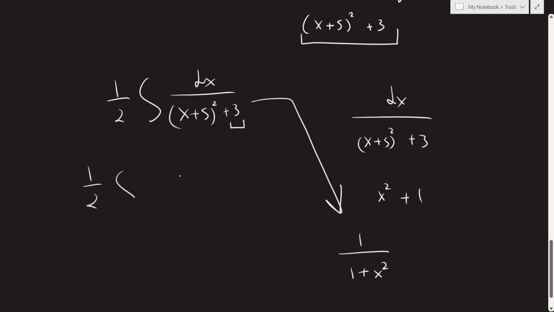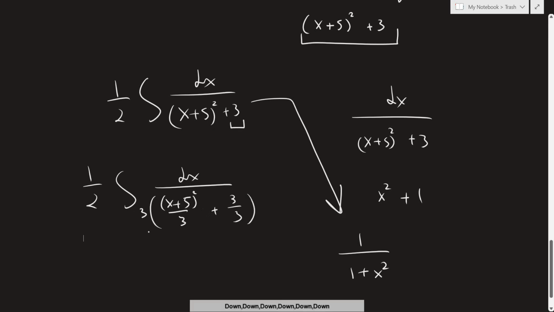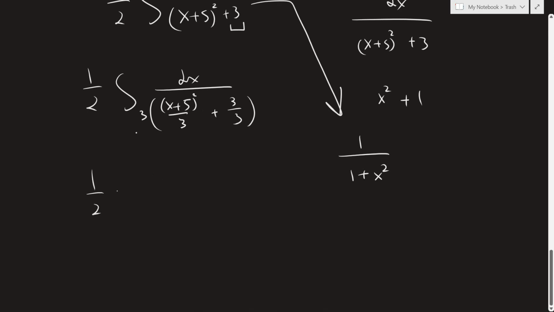So half dx, we need to remove 3 here. So what we're going to do is x plus 5 over 3 squared here plus 3 over 3, because we're taking 3 outside here, right? So it's going to be 1 over 2 times, take 3 here, 1 over 3 integral of dx over x plus 5 squared over 3 plus 1.